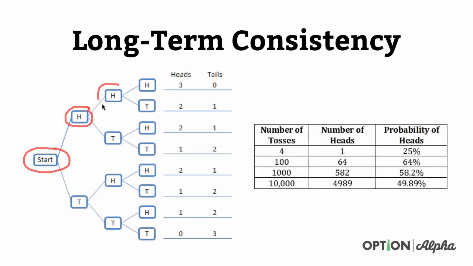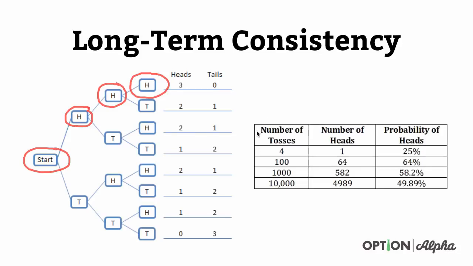But what if you get another heads, and you get another heads, and you just keep getting heads, right? There has to be a point at which the number of times that you get heads is going to be directly offset by the number of times that you flip tails. If it's a fair two-sided coin, eventually the more times you flip that coin, the closer and closer it's going to come to the expected result, which is basically half heads and half tails.